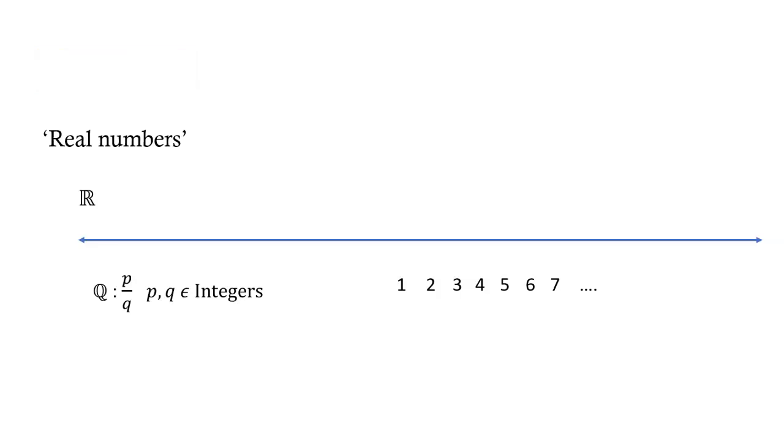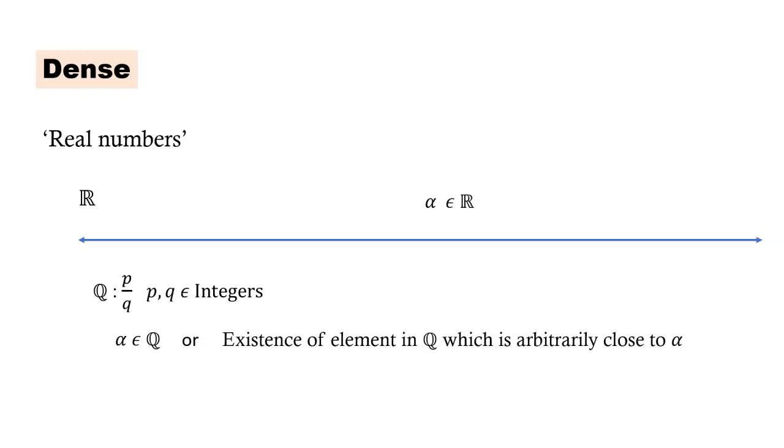Now let's look at the denseness property. Suppose I have a number alpha which belongs to the set of real numbers. Then in order for Q to be dense in R, either alpha must be in the set of rational numbers Q, or there must be an element in Q which is arbitrarily close to the number alpha. So let's look at this in detail.